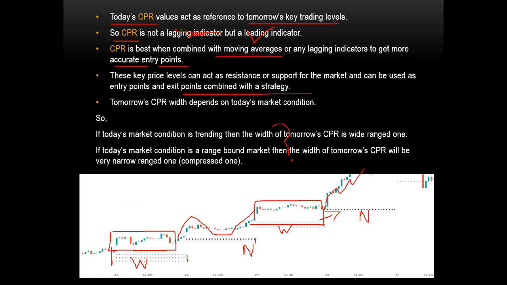Yes, when the market is in consolidation mode today, tomorrow's CPR will be narrow ranged and the market will trend most of the time during the narrow range CPR. Have a look at the charts once. Whenever the CPR values are narrow, the market makes a violent move on either side.